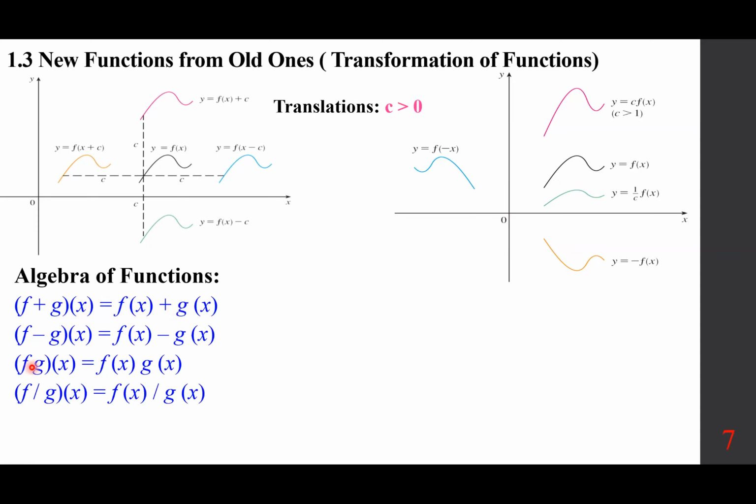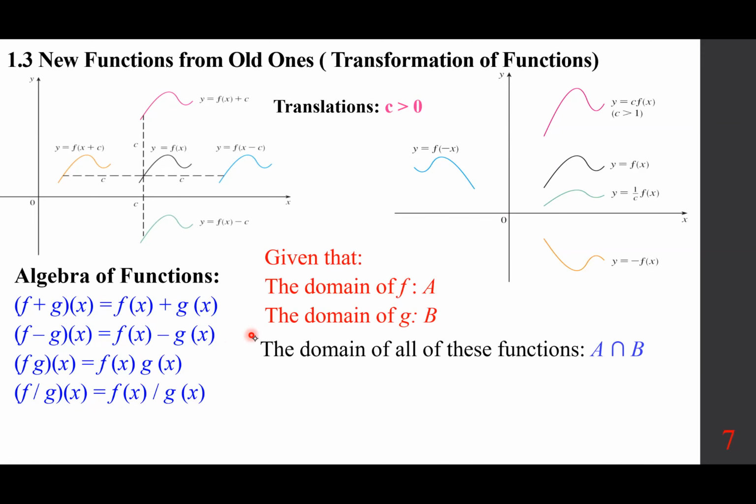Algebra of functions: f plus g means f of x plus g of x, f minus g means f of x minus g of x, f g means f of x times g of x, and f over g means f of x over g of x. Assuming the domain for f is A and for g is B, then the domain of all of these functions is A intersection B. It's the intersection of the two, meaning whatever is in common. So if there's a restriction for A, or a restriction for B, you have to consider both of them.